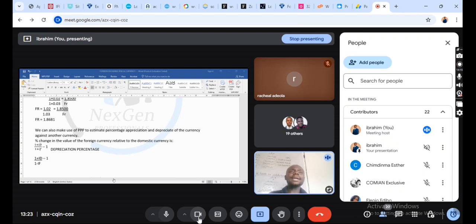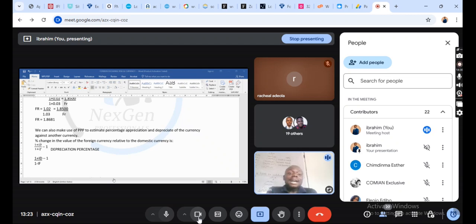Now divide it by your old rate, and you will have a percentage, either appreciation or depreciation.